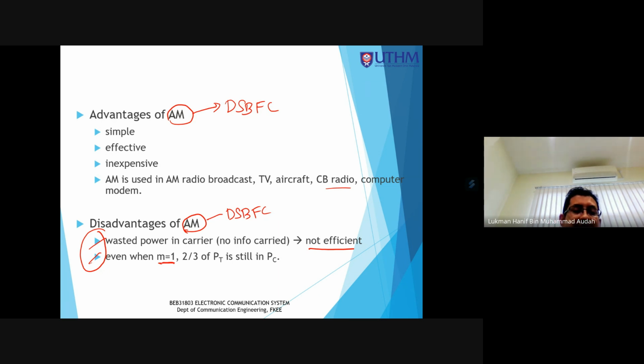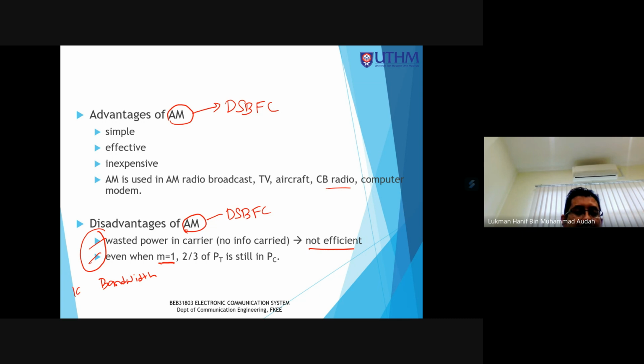Double sideband full carrier also has a large bandwidth compared to the other types of AM, for example, single sideband. So one disadvantage is related to the power, and another one is the bandwidth.